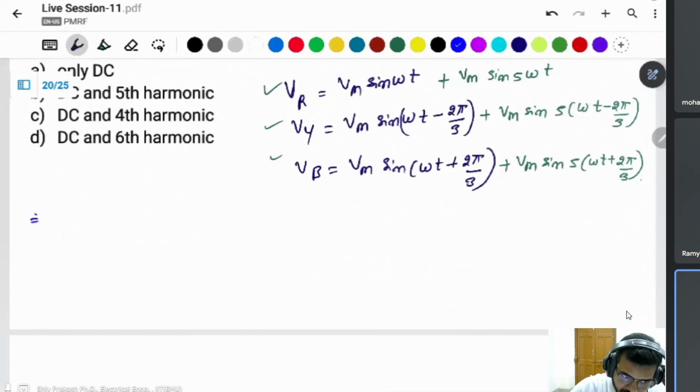And for alpha beta transformation, V alpha, you know, is VR minus half of Vy minus half of Vc.